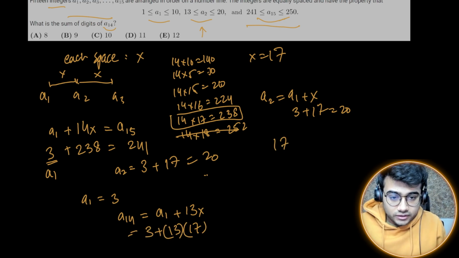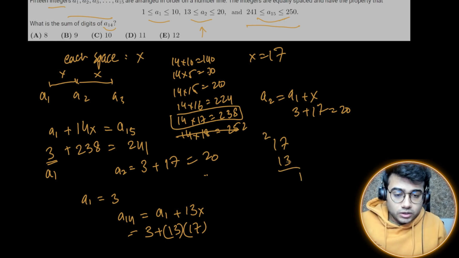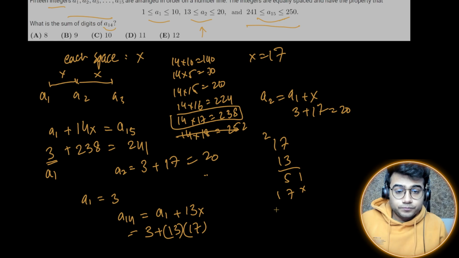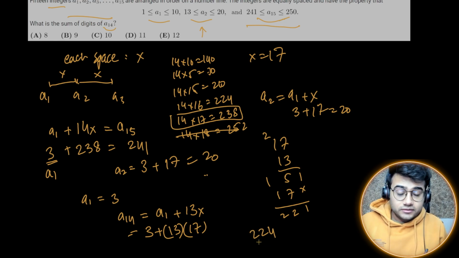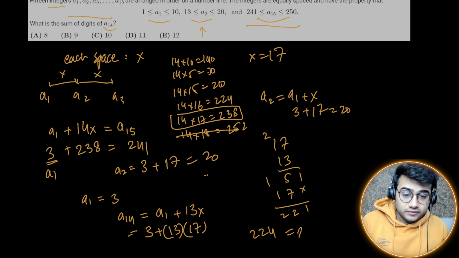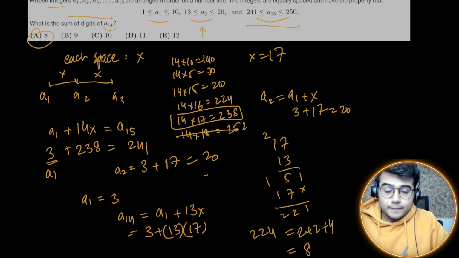So let's do that here. 17 times 13 is 221, plus 3 is 224, and then the sum of digits of 224 is 2 plus 2 plus 4, which is 8. So the answer is A.